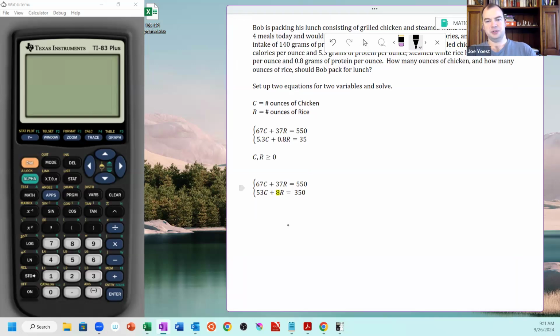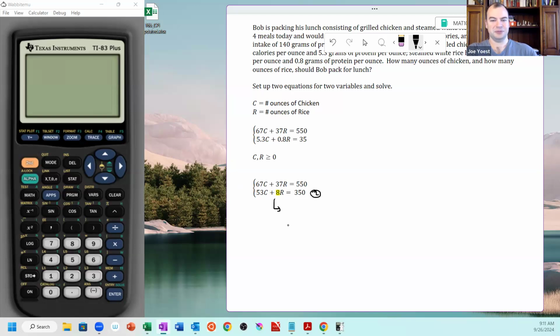Again, we could use the addition elimination method. We could use the substitution method, whichever one you feel like using. Let's use substitution. I don't think there's a whole lot of benefit one way or the other for this problem. So if we use substitution, maybe we can solve the second equation for R in terms of C. I'm just picking that one because it has the nicer coefficient.